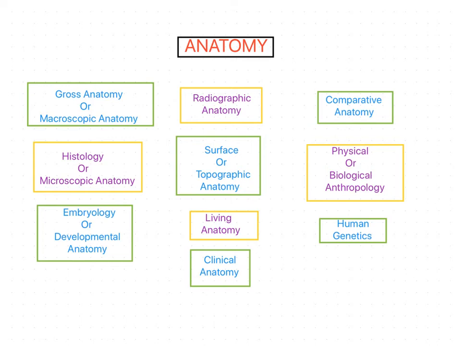One is gross anatomy, that is macroscopic anatomy, histology or microscopic anatomy, and embryology or developmental anatomy. So these are the three major divisions that were present earlier, and later, once the technology developed, anatomy was further divided into many categories.